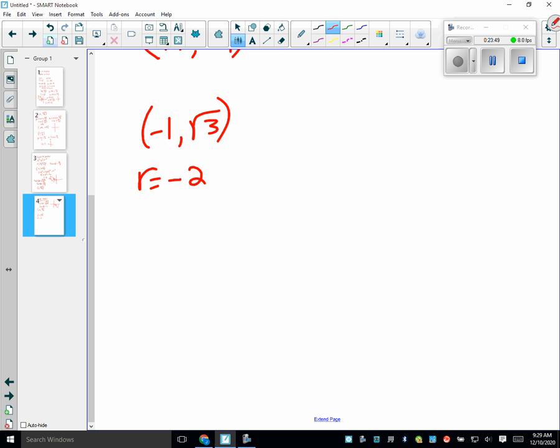Remember, when R is negative, we go the opposite direction. Correct? So what quadrant is this point in? Quadrant 2. But if it's opposite, it must be in quadrant 4.